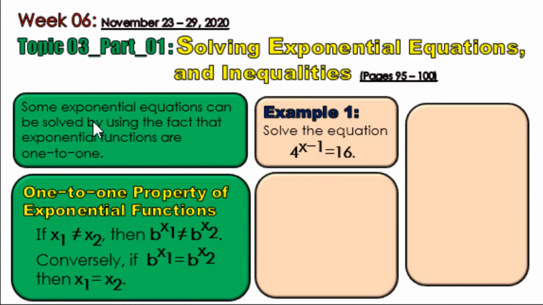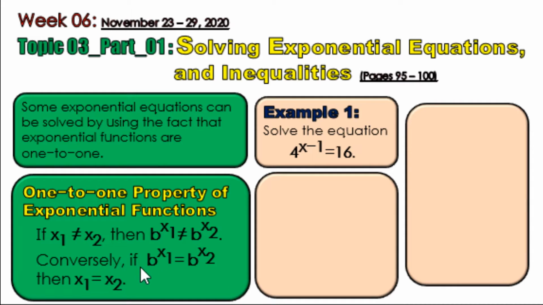Some exponential equations can be solved by using the fact that exponential functions are one-to-one. So what is the one-to-one property of exponential functions? It says if x sub 1 is not equal to x sub 2, then b raised to x sub 1 is not equal to b raised to x sub 2.